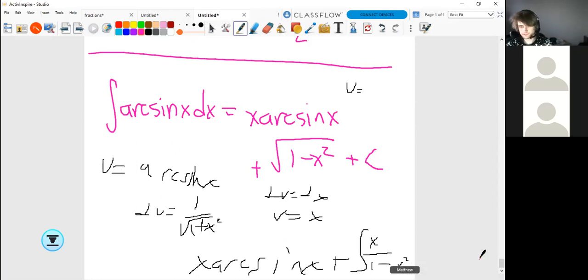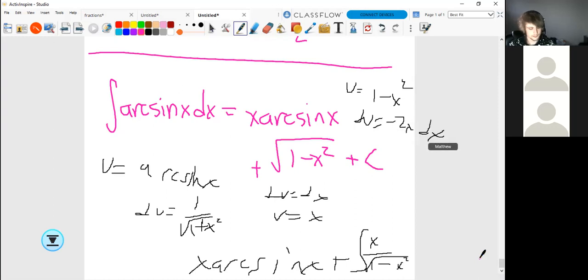So u equals 1 minus x squared. So du. Oh yeah, we gotta go further. So then you just factor out a negative 1 over 2. You get du over root u, and that's just u to the negative 1 over 2.